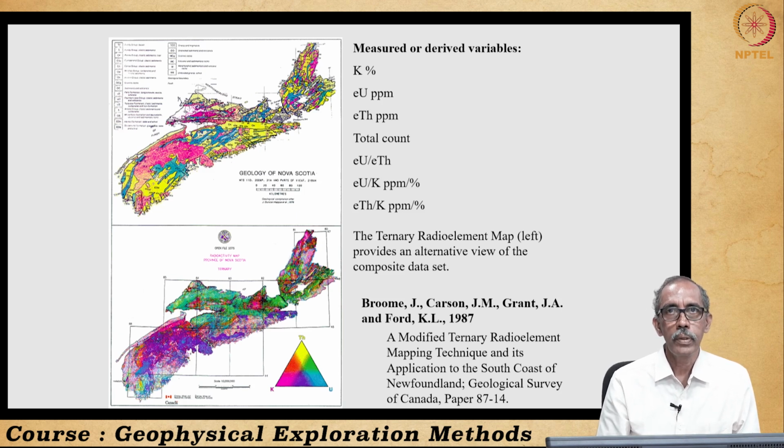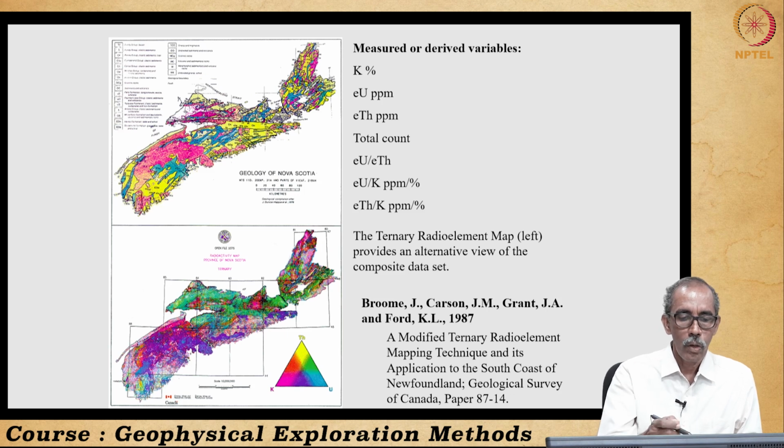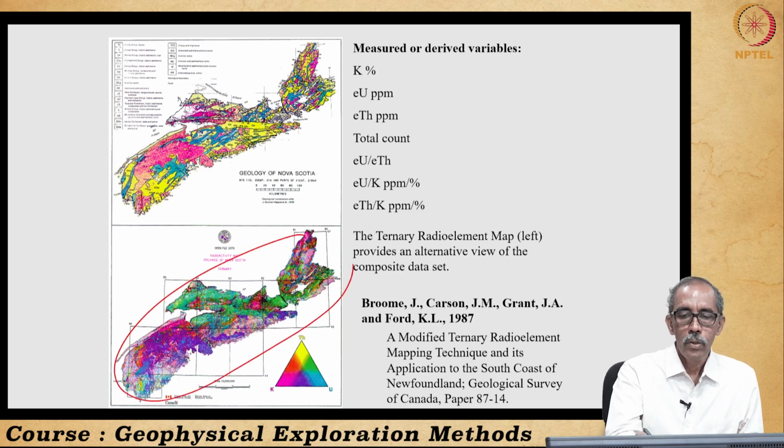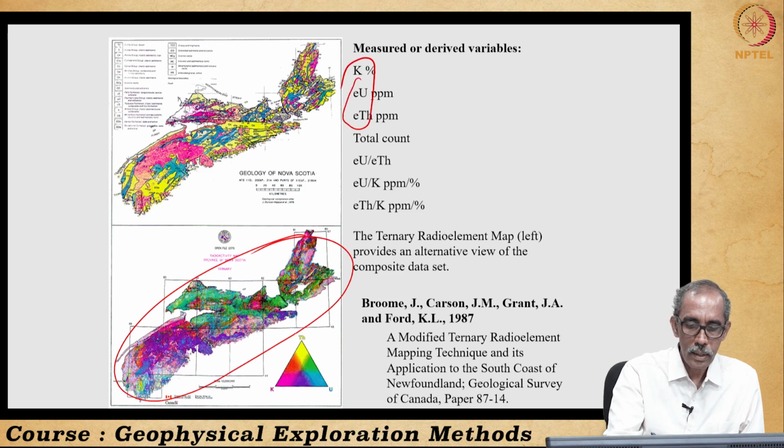Here is an example wherein they have deployed a gamma ray spectrometer over a large area to understand the distribution of uranium, thorium and potassium. So, here is a trilinear color chart.